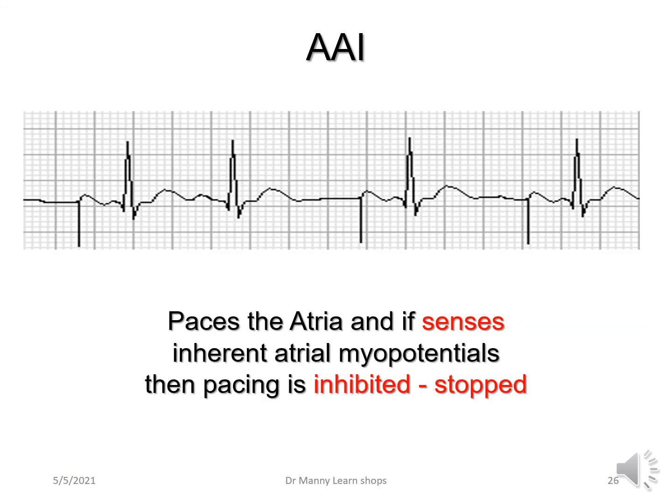AAI is a synchronous pacing mode, and it paces the atria, and if it senses inherent atrial activity, myopotentials, beat, then pacing will be inhibited and stopped, and the heart will be allowed to do its own thing, as you can see there in the second beat.